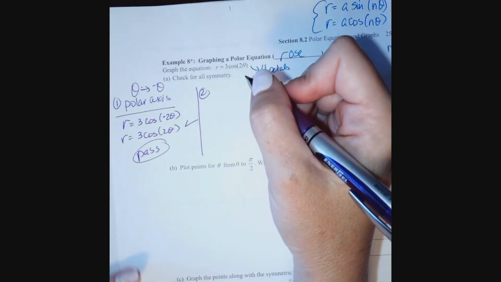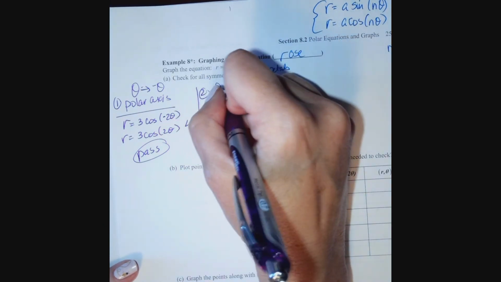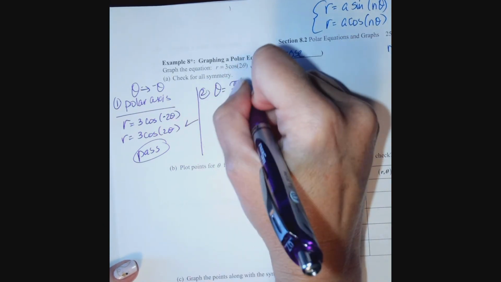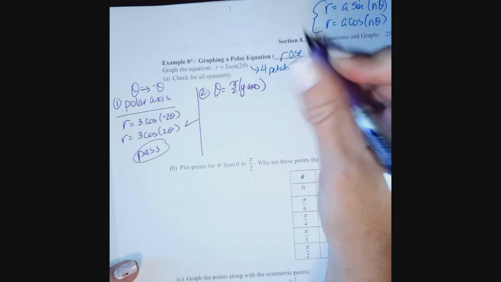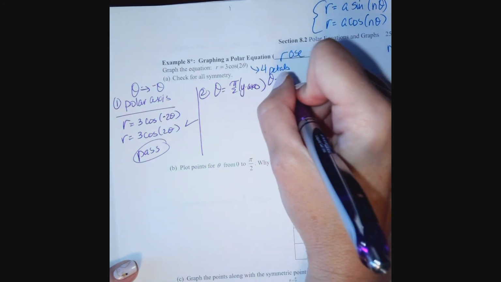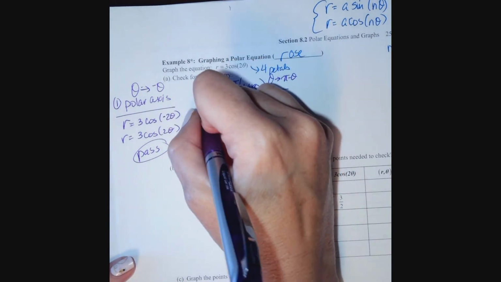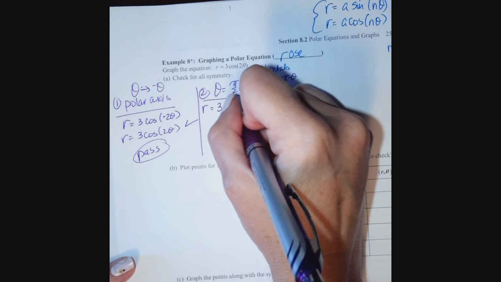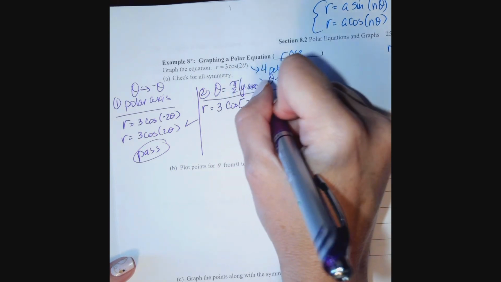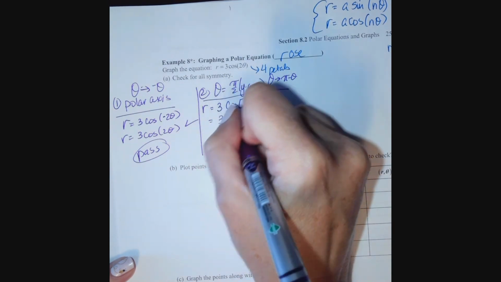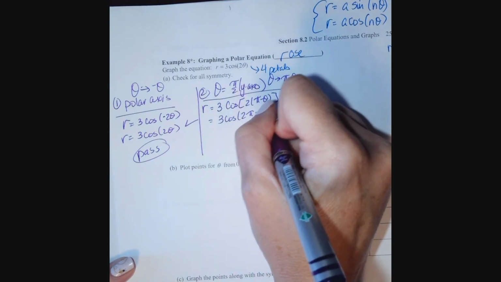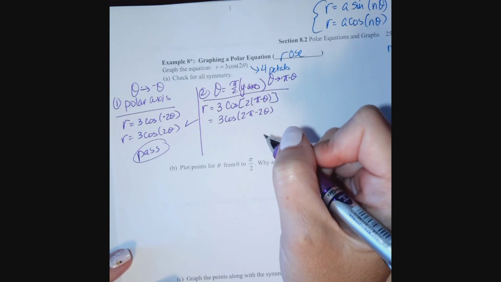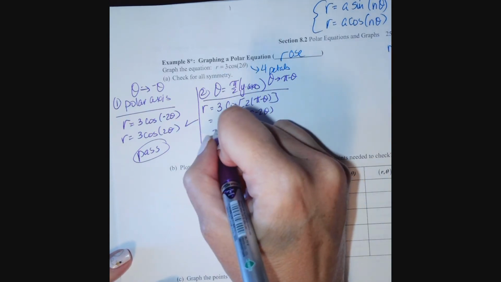Okay, checking for y-axis or pi half symmetry. Remember, we do this by replacing theta with pi minus theta. This is the one that's a little bit more work. So we would have r equals 3 times the cosine of 2 times pi minus theta, which gives me 3 cosine of 2 pi minus 2 theta, which is that cosine difference identity again.